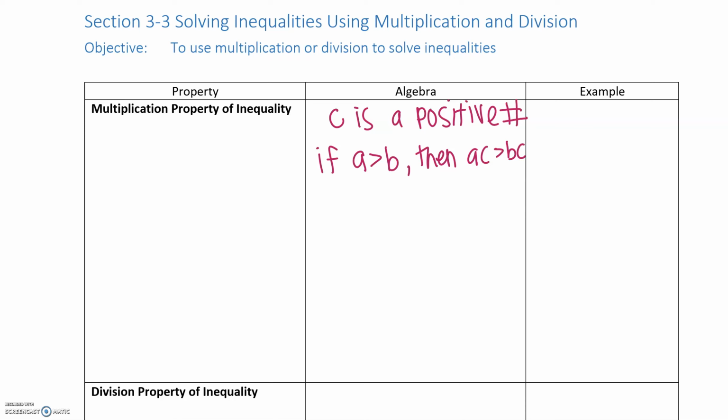So when we multiply C to both sides, it stays the same. And if we have A is less than B, it's the same thing. We're going to have AC is less than BC.